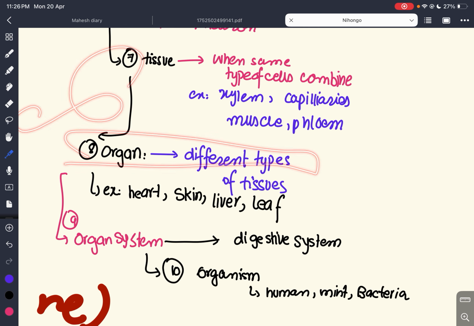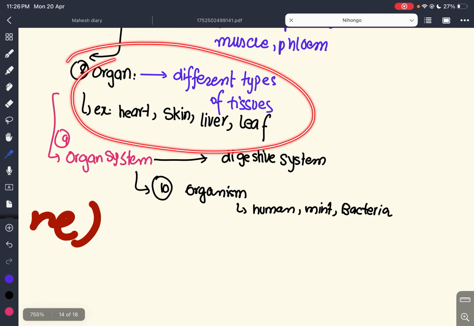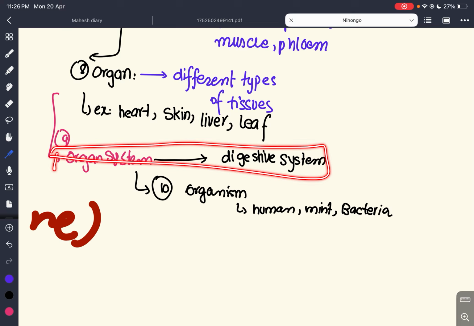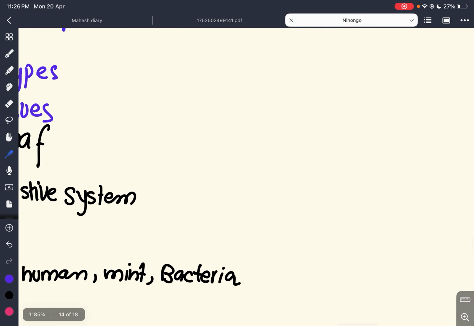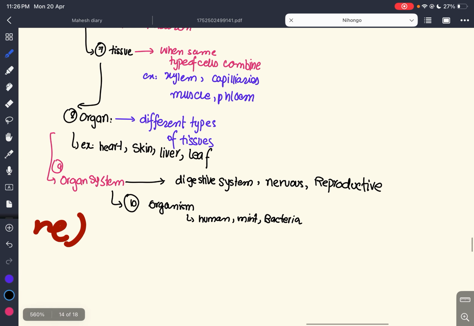Just a heart, skin, liver, leaf. And when these organs combine together, like 1 or 2 organs or 3 to 4 organs come together and work together, they make an organ system. For example, digestive system. I'm not only taking the example of digestive. We also learn about the nervous system. We talk about the reproductive system. Every organ is working for it.